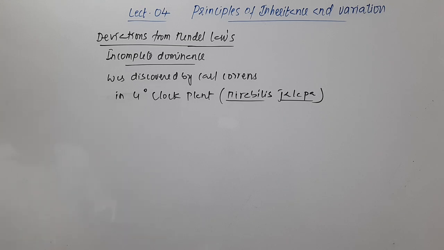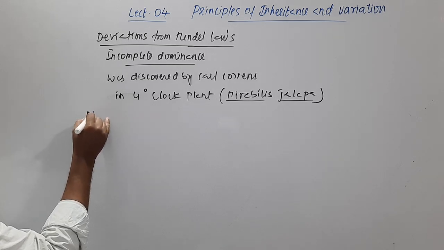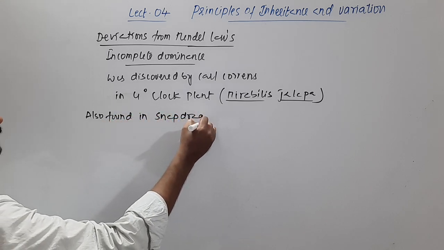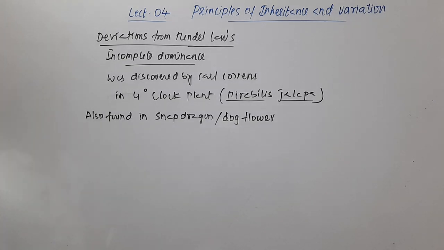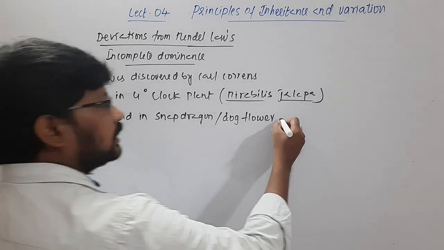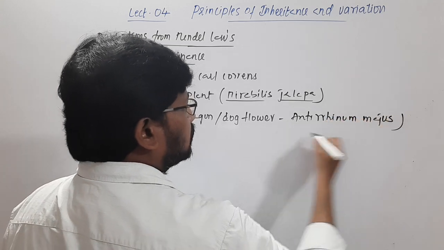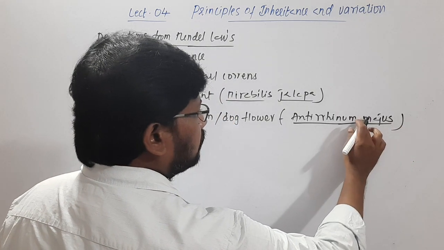So he found this incomplete dominance in the four o'clock plant Mirabilis jalapa, and this phenomenon is also found in another plant called snapdragon, also called dog flower plant, whose scientific name is Antirrhinum majus.